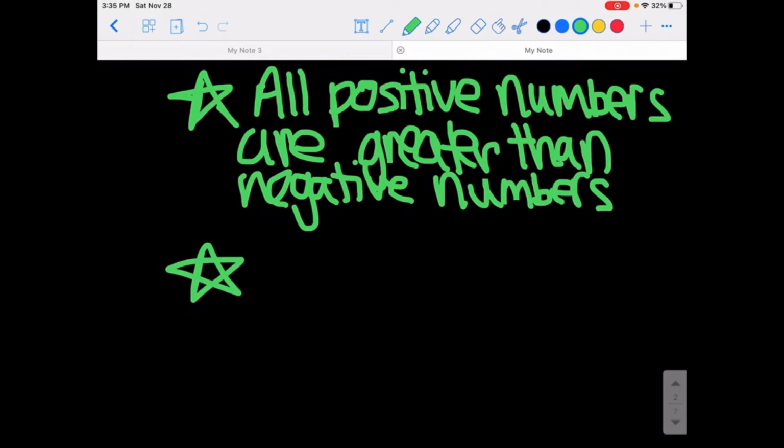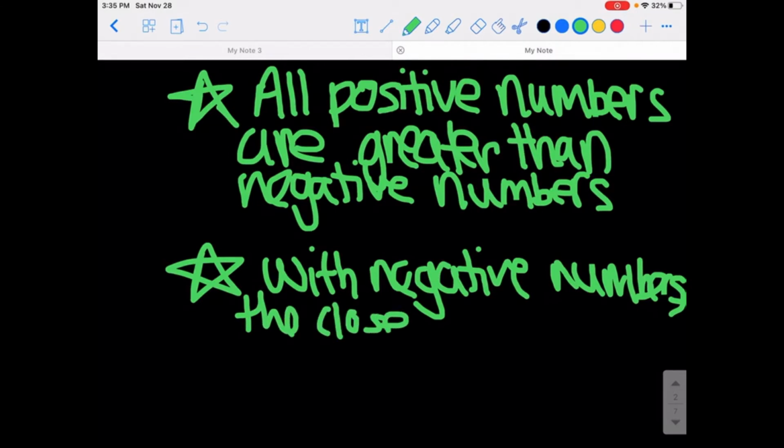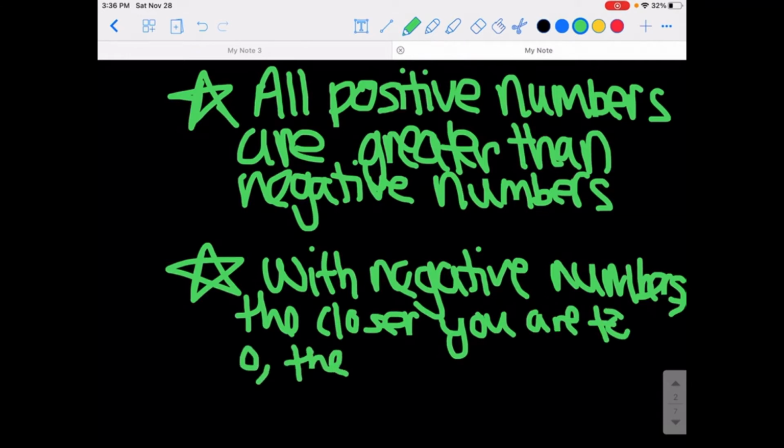And the next thing, which I said in the comparing and ordering integers video, is that with negative numbers, the closer you are to 0, the larger the number is.